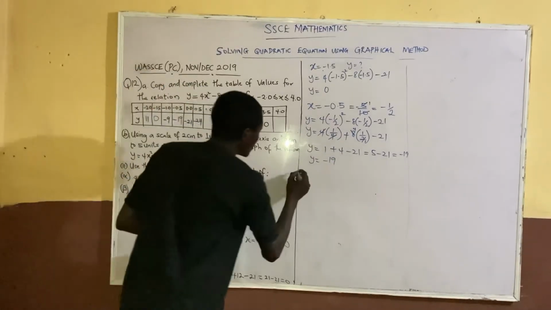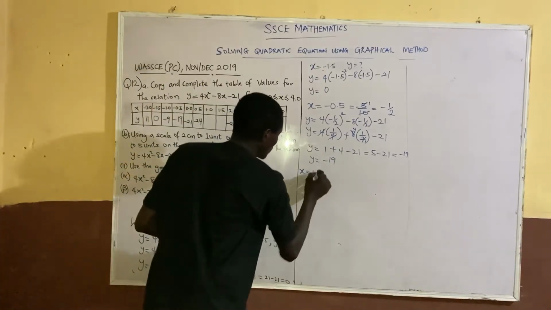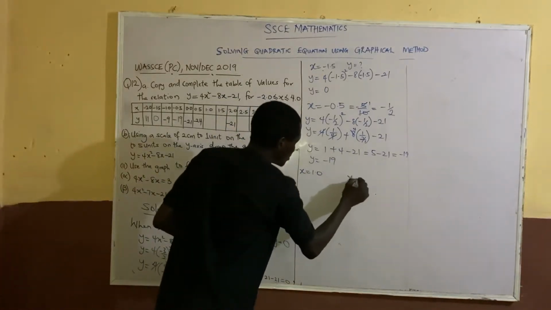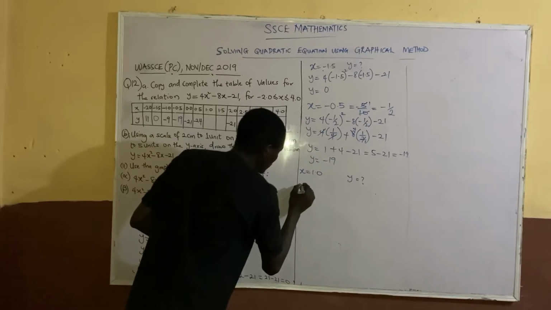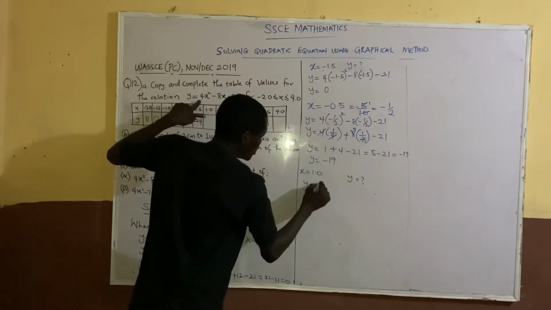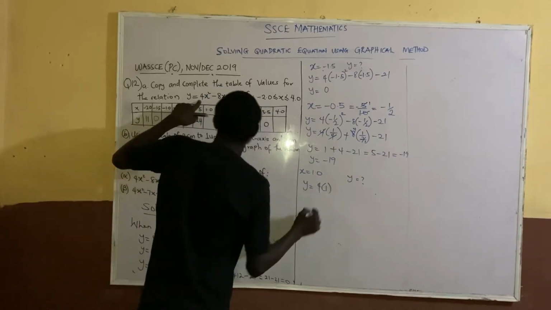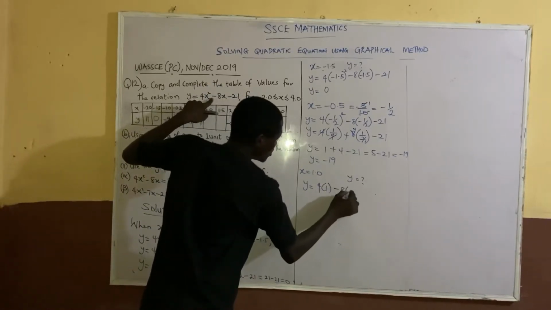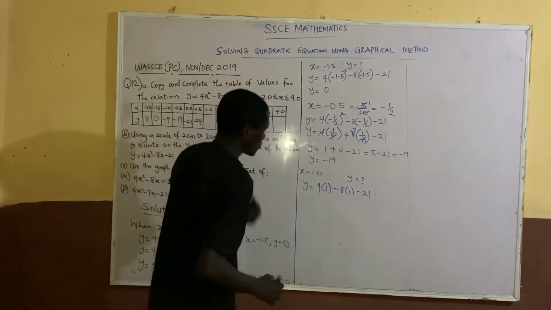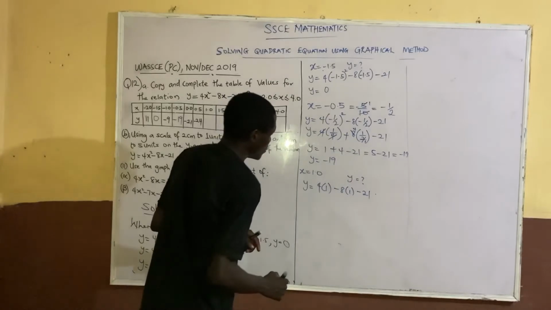Now let's go to x equal to 1.0. What will be our y? Let's see right here. Now y equal to 4 into bracket 1 minus 8 into bracket 1 minus 21.